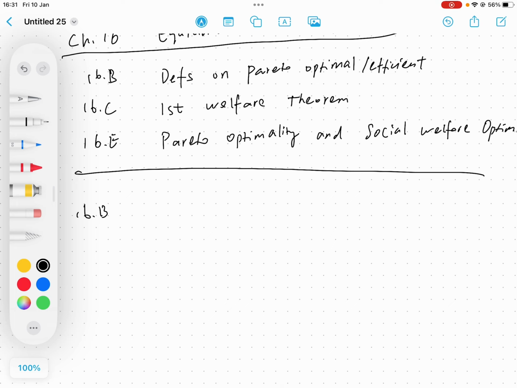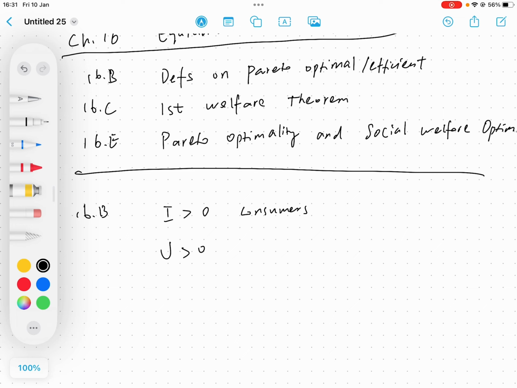Okay. So in 16.B, let's study an economy. So we're going to have capital I consumers. From here on, we're going to combine the consumers and producers together.